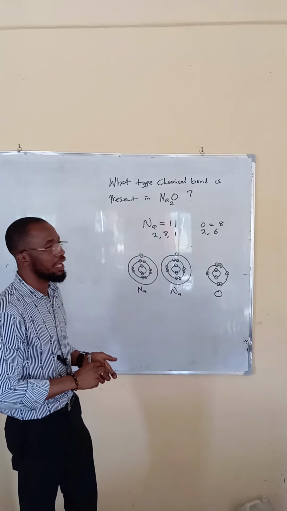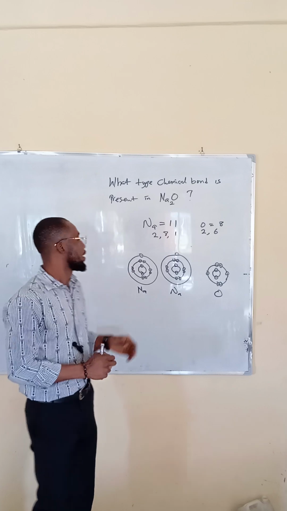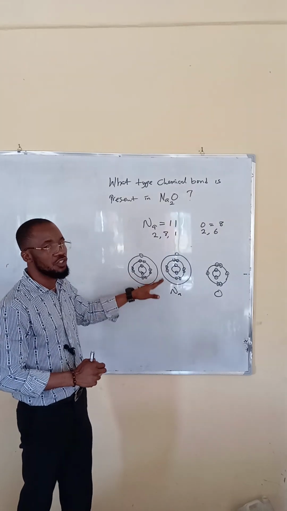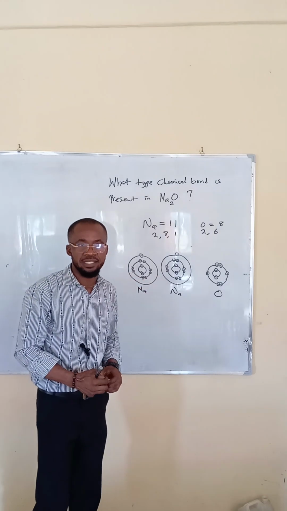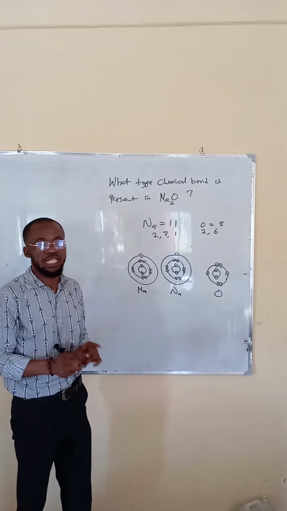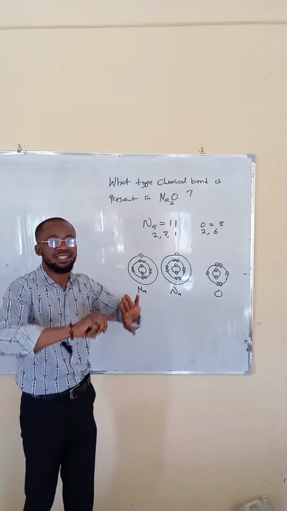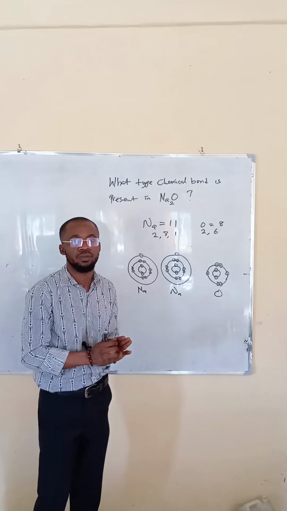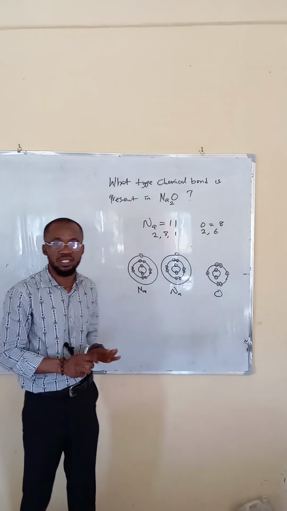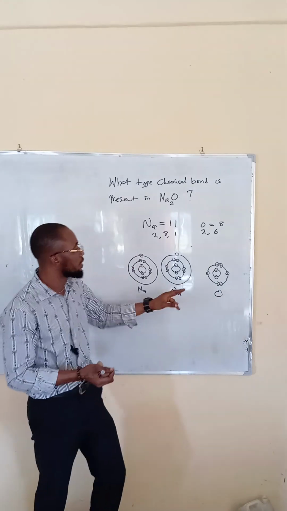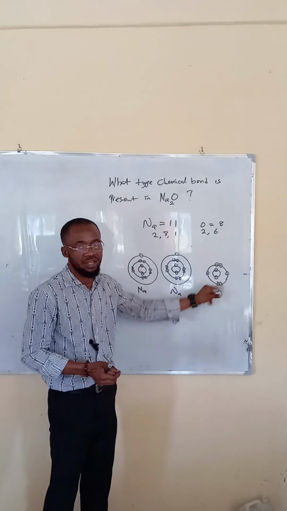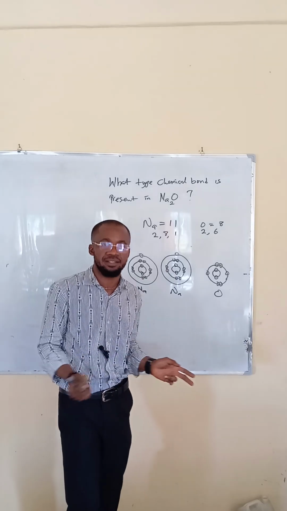Now, let's see what will happen here. This sodium is trying to attain octet stability, which refers to a type of stability that has 8 outermost shell electrons. It wants to have 8 electrons in its outer shell. This oxygen has 6 in its outer shell and also wants to have 8.